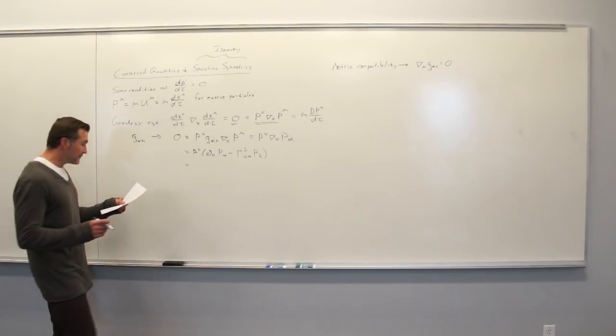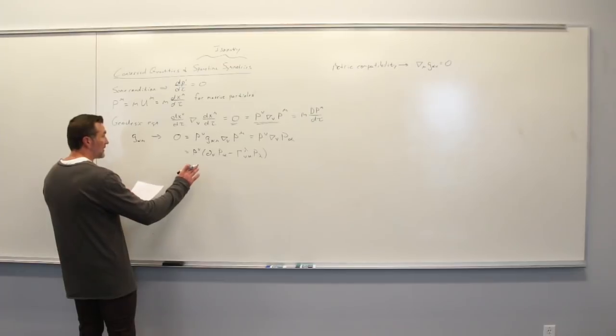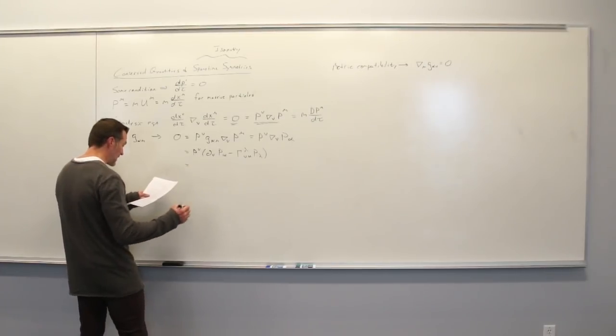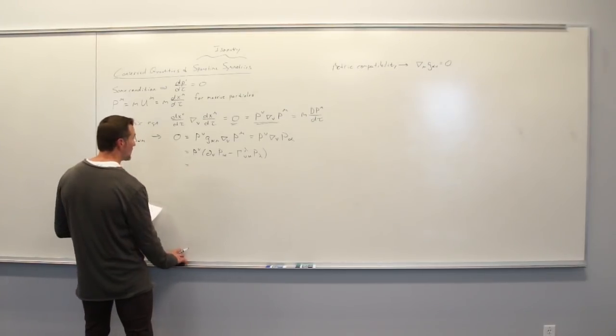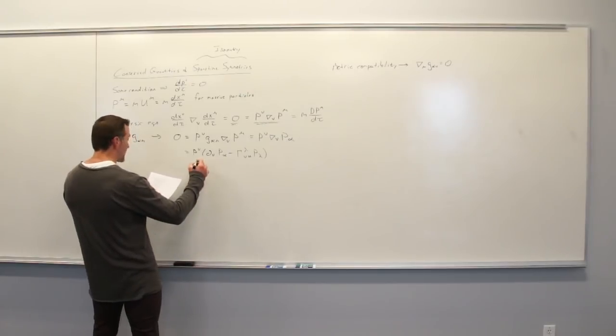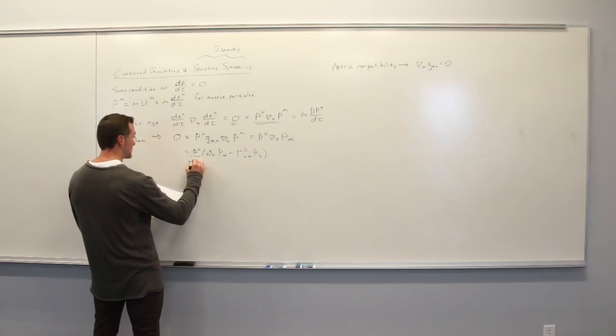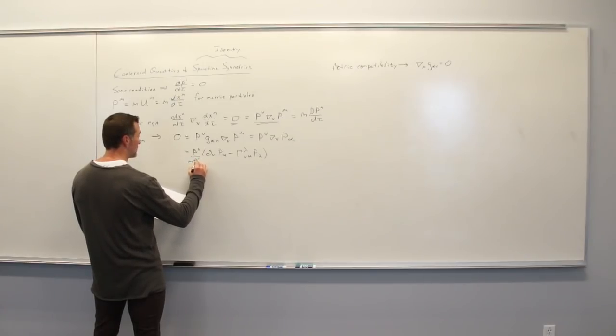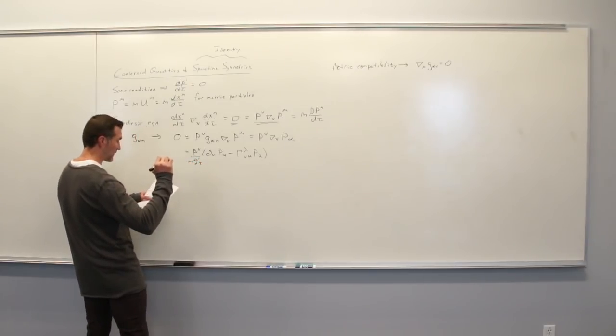Okay, so this first term I can rewrite by reminding myself that this quantity here is m dx^ν/dτ.